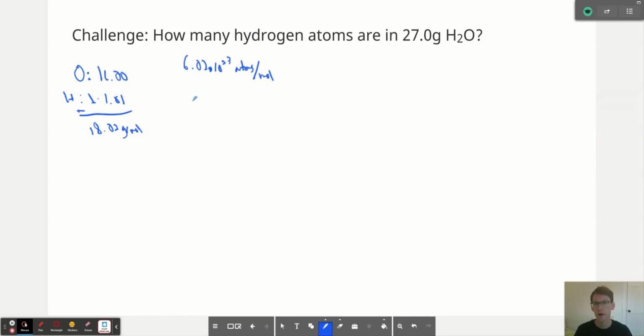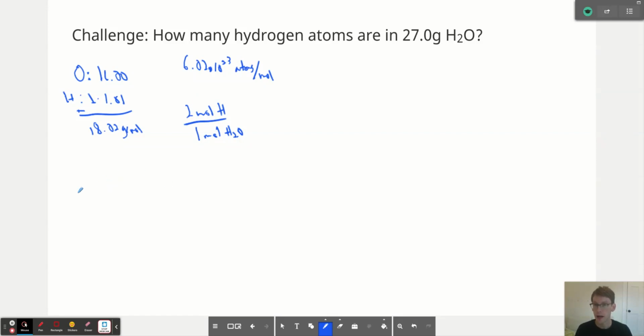So I need to figure out how many moles of hydrogen there are in a mole of water, and I know that there are 2 moles of hydrogen atoms for every 1 mole of H2O. That's what that 2 is for. That 2 subscript represents the 2 moles of hydrogen per mole of water.